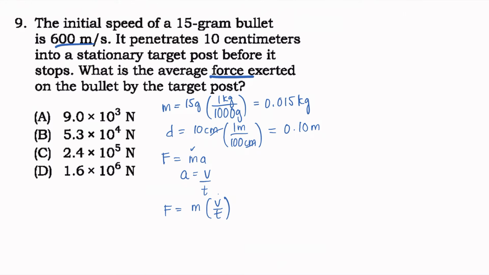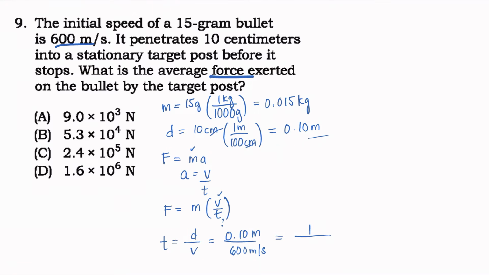And then, meron tayong velocity, pero hindi natin alam yung time. For the time is equal to distance over velocity. Given naman tayo ng distance na na-penetrate ng bullet, substitute 0.10 meter over yung velocity na 600 meters per second.